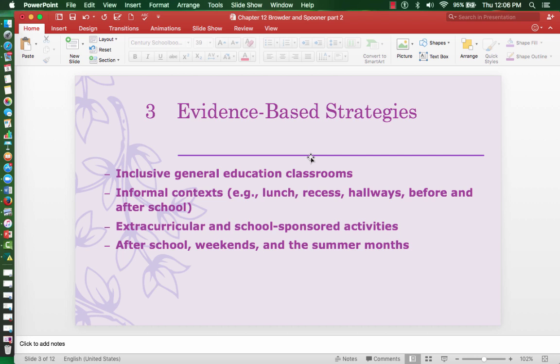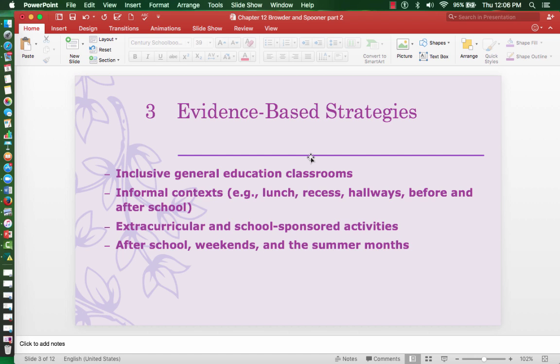We always have to remember that many of the activities that our non-disabled same-age peers do, we have to make sure that our kids with special needs don't get hurt, okay? So, some different types of extracurricular activities that they might be interested in.